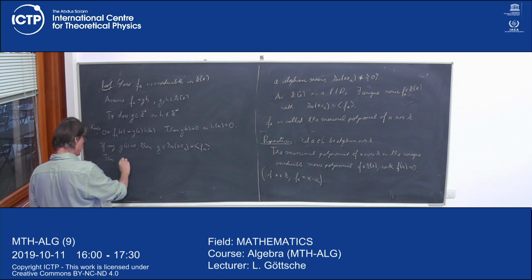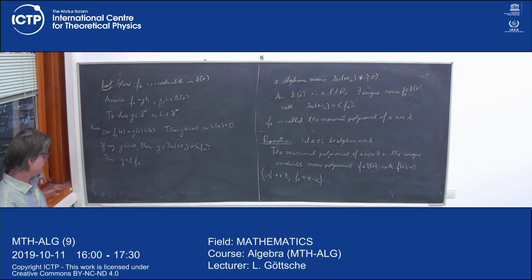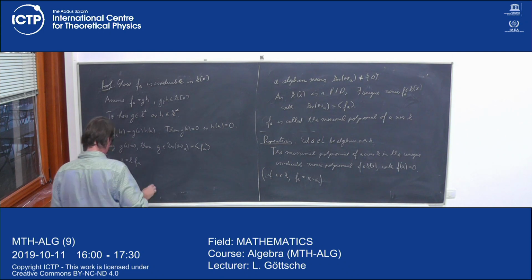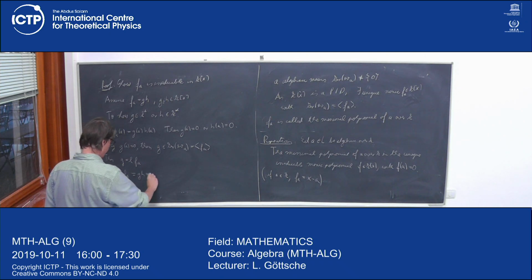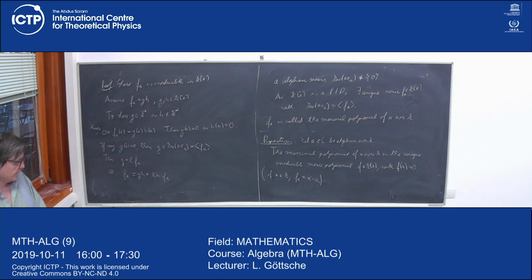So I can write G equal to L times FA. So, but if I write this like this, so thus it follows that FA is equal to G times H is equal to L times H times FA.